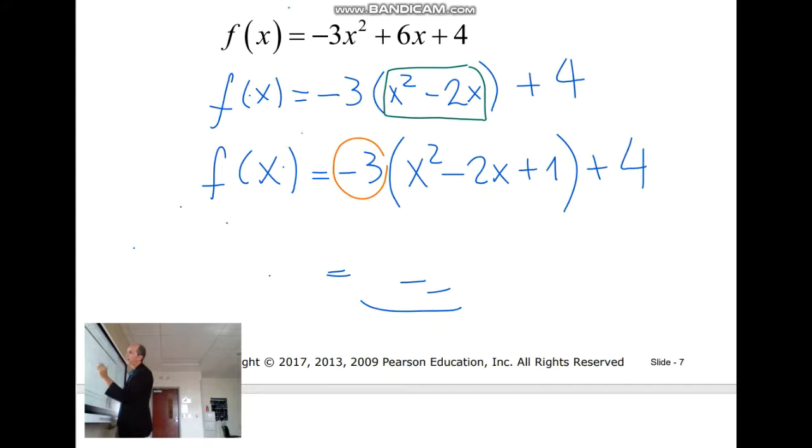When we multiply by 1, negative 3 times 1, we're going to have negative 3 in excess. It's changing the value of the equation by negative 3. So we have to add 3 here to balance, because this will make the equation equivalent to the previous one. That's the purpose.